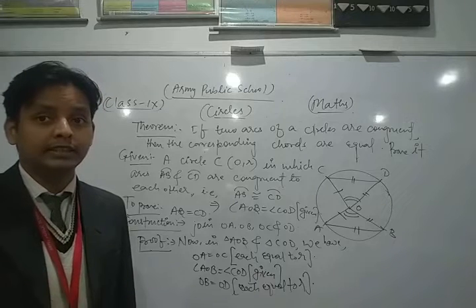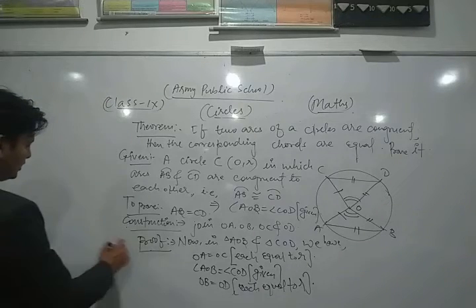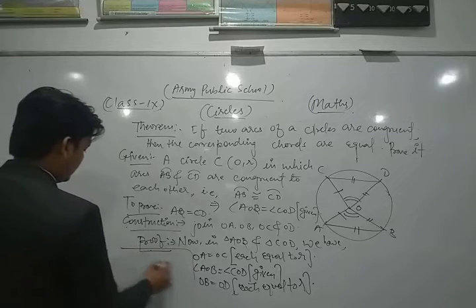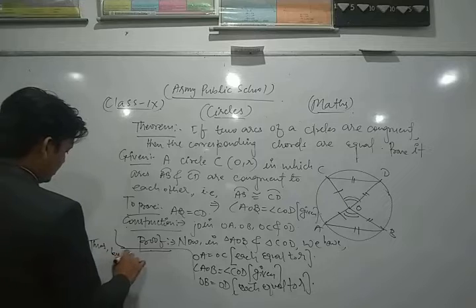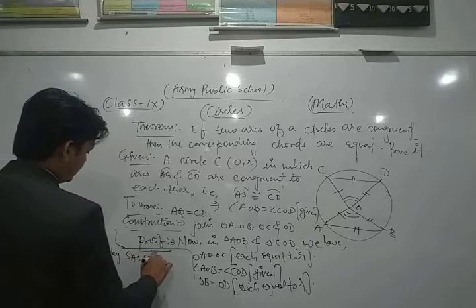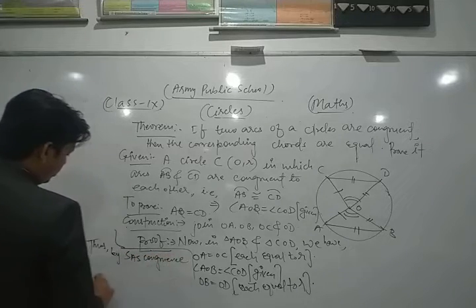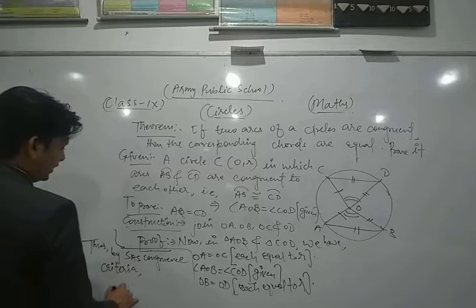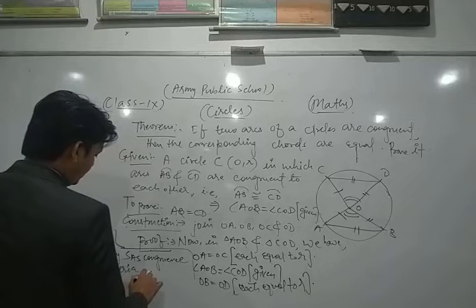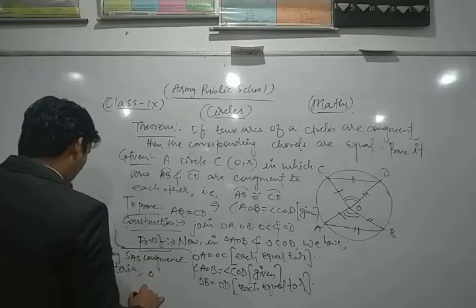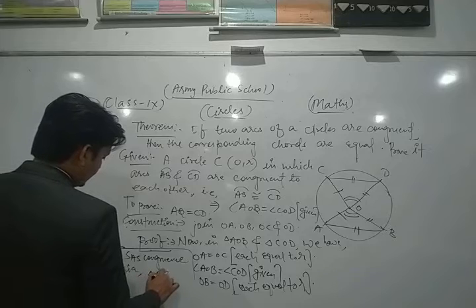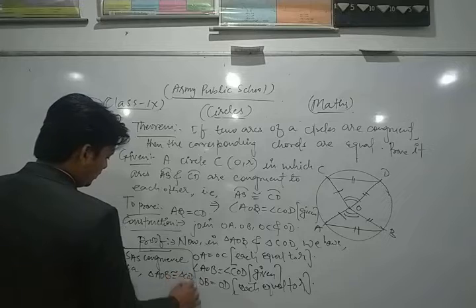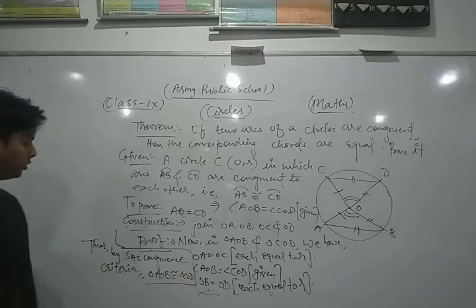Thus, by which congruence criteria? Now look. Thus by SAS congruence criteria, triangle AOB is congruent to triangle COD.